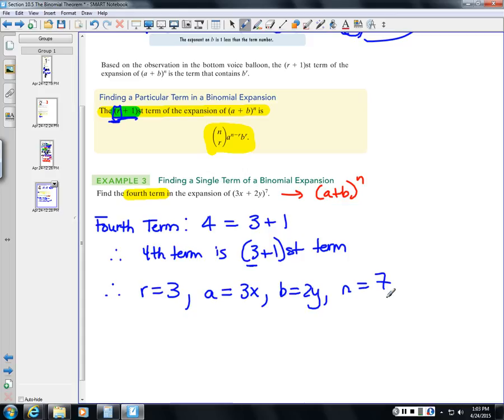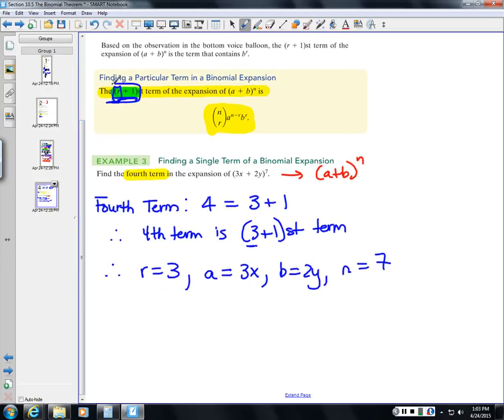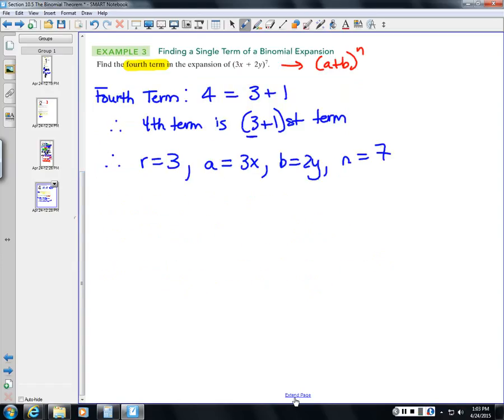So those are the numbers that I use to find just the fourth term. I don't have to plug in and start with 0 and then go to 1 and then 2 and then 3 and then 4. Using this r plus 1 will take me right to the term that I need. So to plug this in, of course, again, the formula is n above r, times a to the n minus r, b to the r.